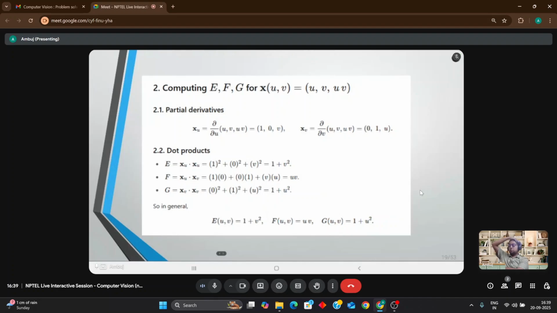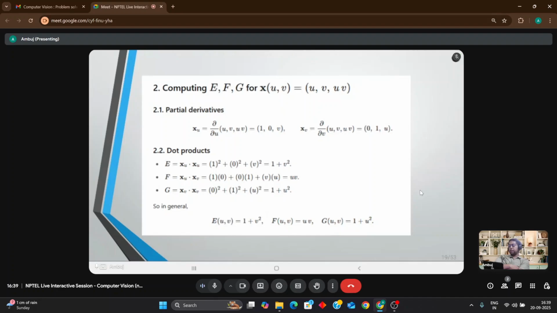So now try to compute E, F, G for x(u, v) = (u, v, uv). The partial derivative xu is del over del u of (u, v, uv), which is nothing but: del u over del u is 1, del v over del u is 0, del uv over del u is v.